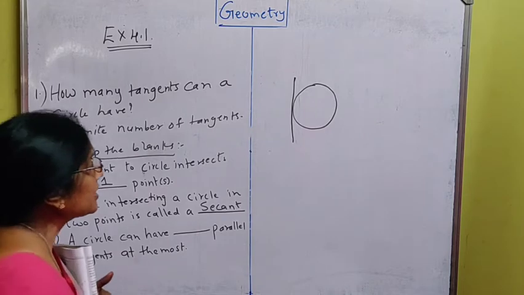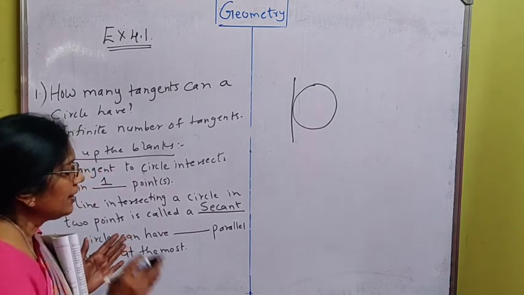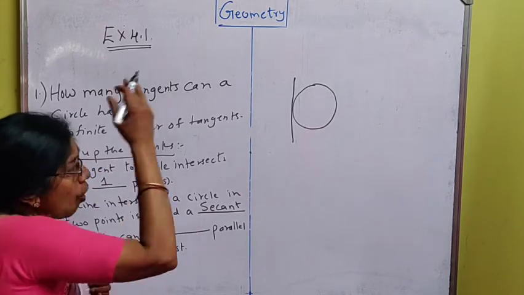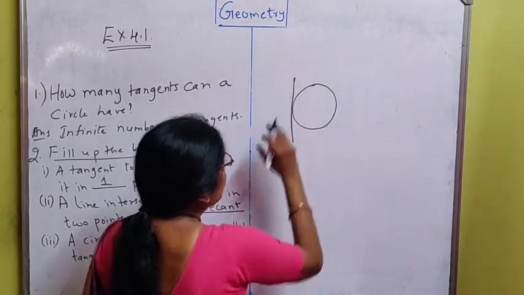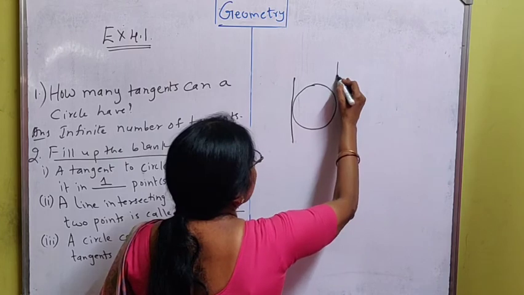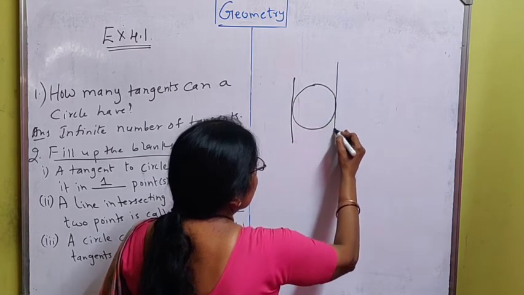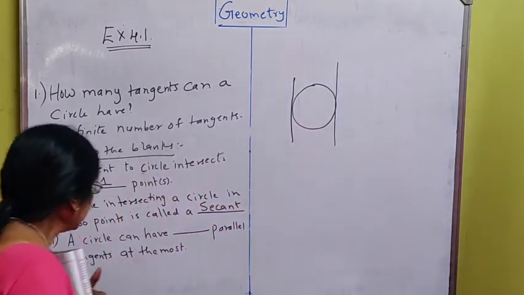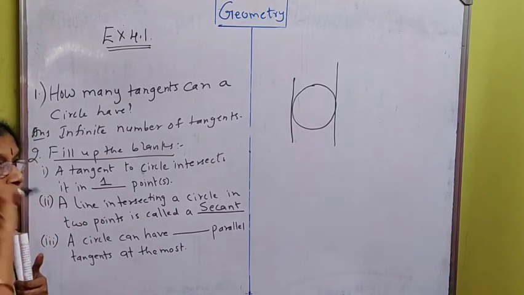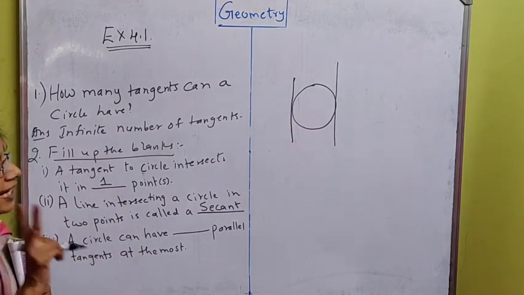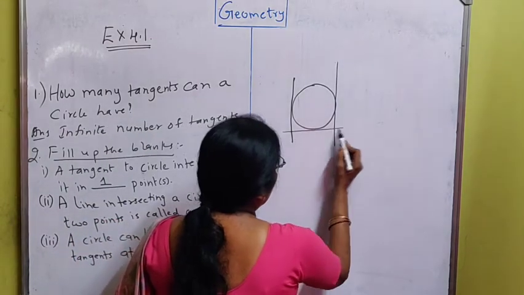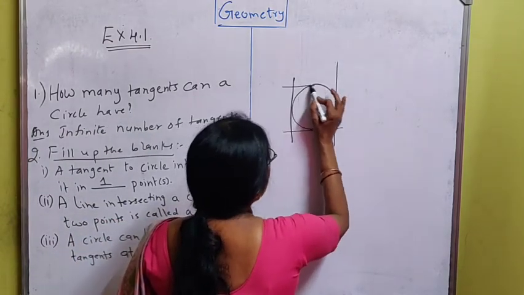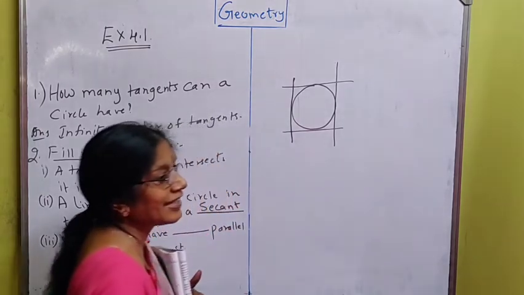Parallel means what? When can I draw a parallel? The line should be on the opposite side. So if I draw the tangent on the left hand side, I have to take the line on the right hand side. That means you can draw 2 parallel tangents at the most, not more than that. If I draw a tangent over it, it won't become parallel, it will intersect.